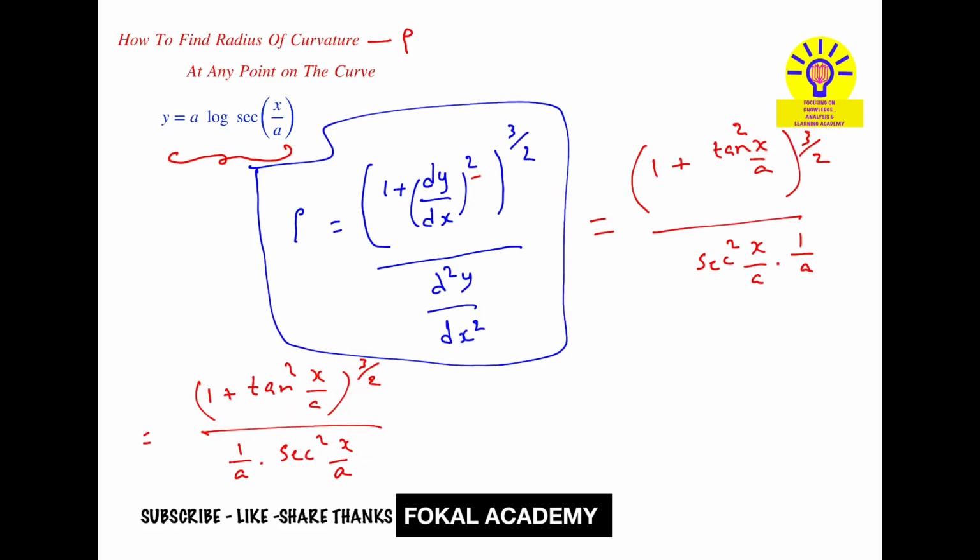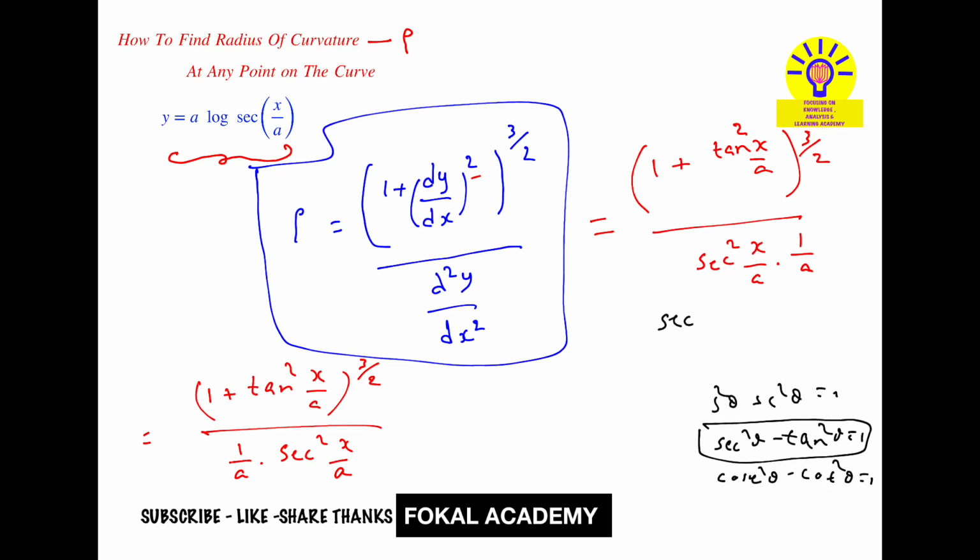Now we need to recall trigonometric formulas. We know that sin square theta plus cos square theta equals 1, secant square theta minus tan square theta equals 1, cosecant square theta minus cot square theta equals 1. In this, use this formula: from this we get secant square theta equals 1 plus tan square theta.